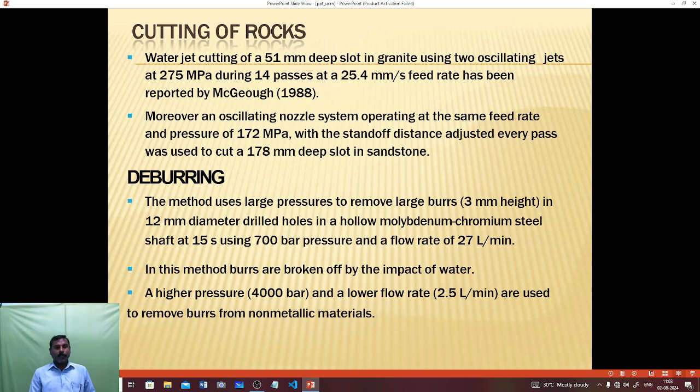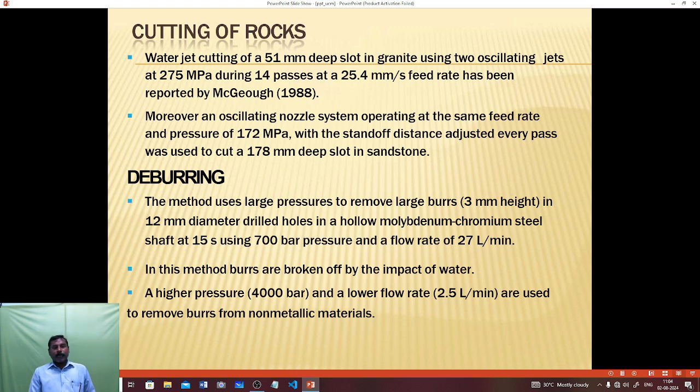During drilling, a large pressure is used to remove a large 3 mm height in a 12 mm diameter drill hole in a molybdenum chromium steel using 700 bar pressure and a flow rate of 27 liters per minute.